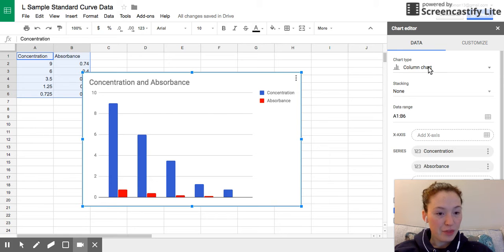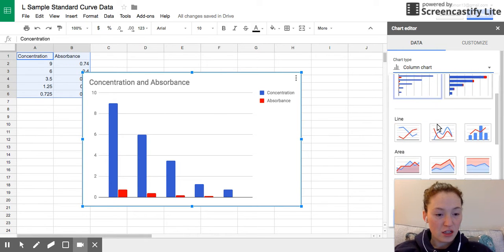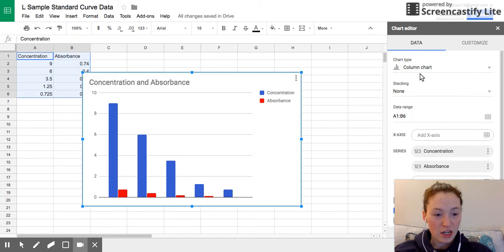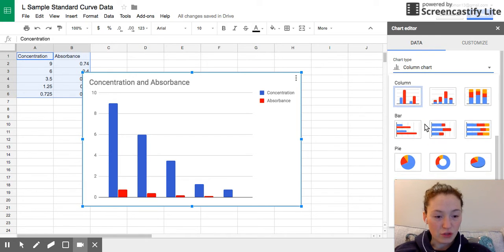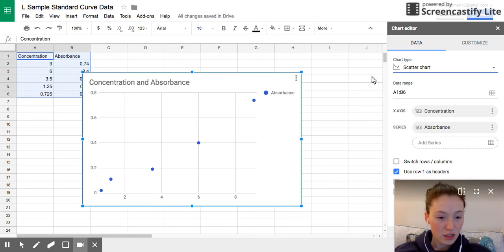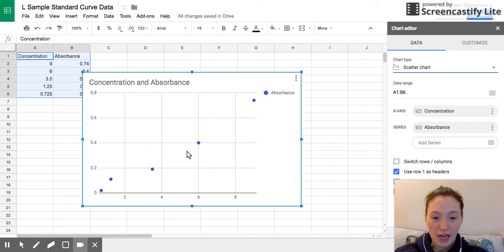So here I will scroll down in the chart editor to chart type, and I will scroll down to scatter. Anyway, I've scrolled down to scatter plot, but I still need to look at my data here.